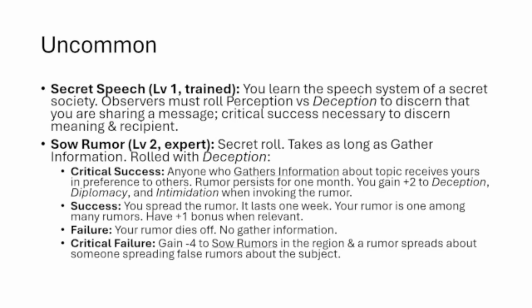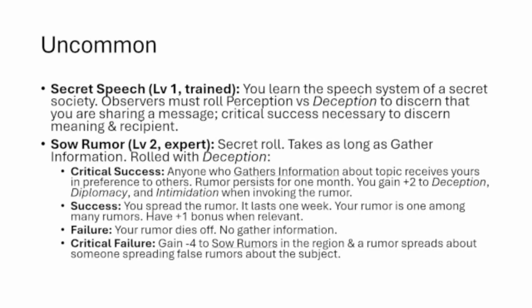The second uncommon skill feat is Sow Rumor. It's a level 2 skill feat requiring expert proficiency. Its effect is a secret roll, and the time it takes is as long as Gather Information would. You roll deception, and on a critical success, you basically spread whatever rumor you did, and it's what those gathering information find.